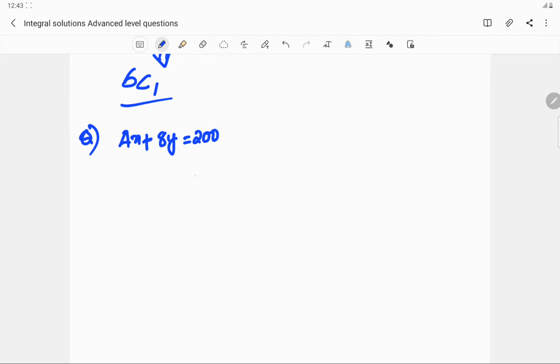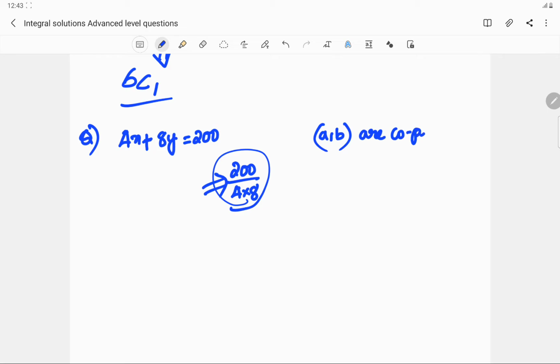Now here we cannot find the gap as 200 divided by 4 into 8, because in order to apply this, we need to make sure that two conditions are satisfied in this equation. One of them is a, b are co-primes, which is not the case here, and the other thing is a and b are factors of k.